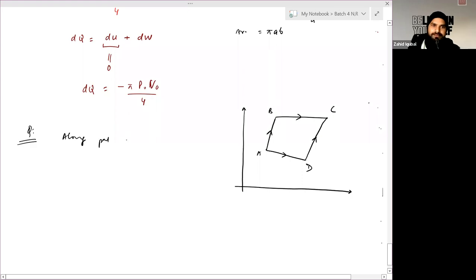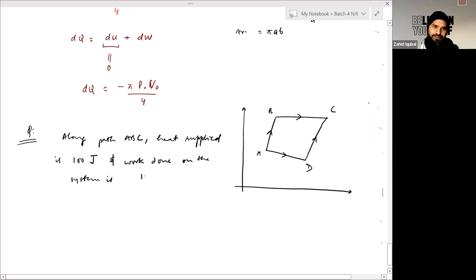Along path ABC, heat supplied is 100 joule and work done on the system is 20 joule.